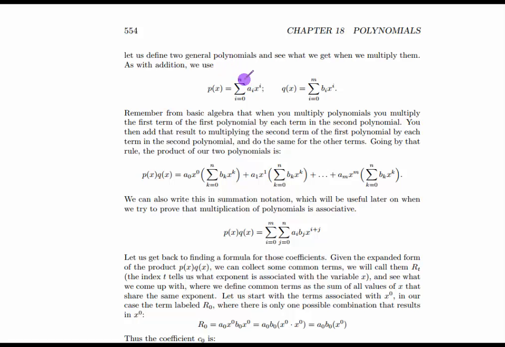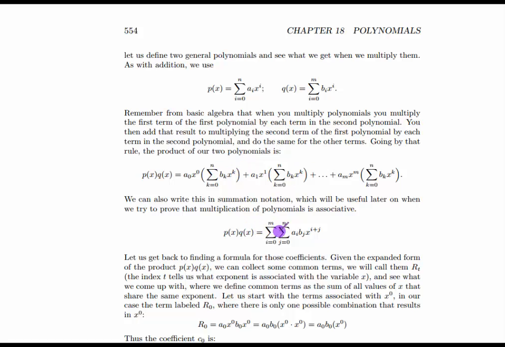Suppose we express p in summation notation, and q in summation notation. Here we are using the distributive law. It's a little bit bogus because we're actually going to use the special operation plus on the coefficients and the regular plus sign to join terms together.